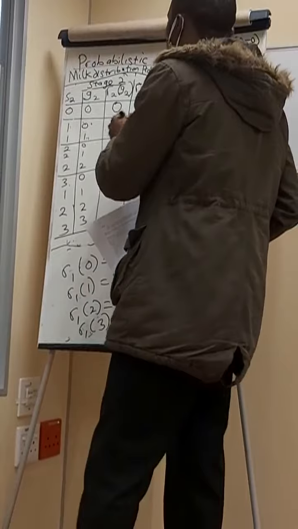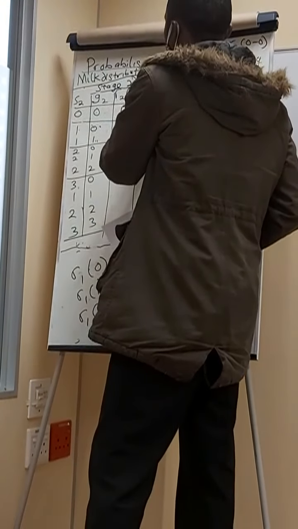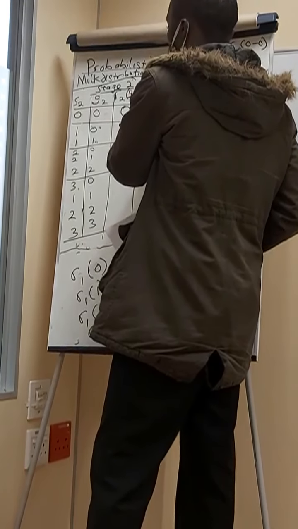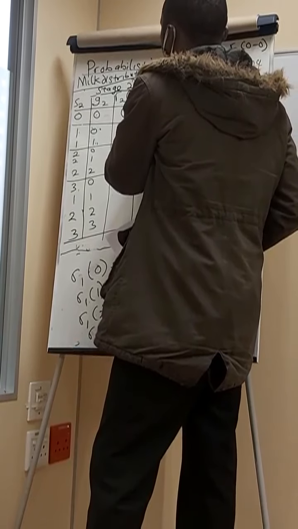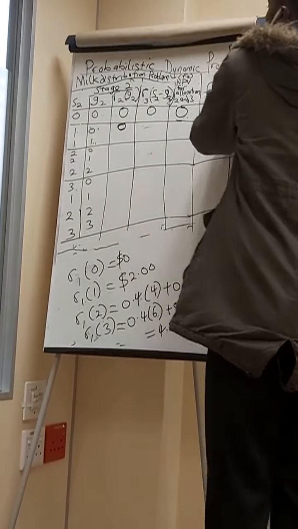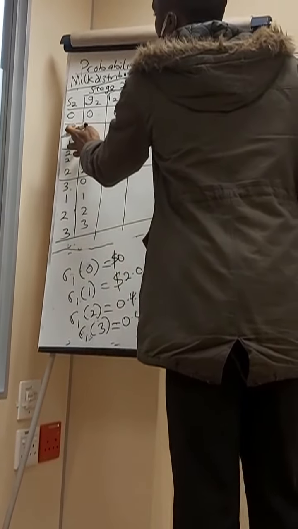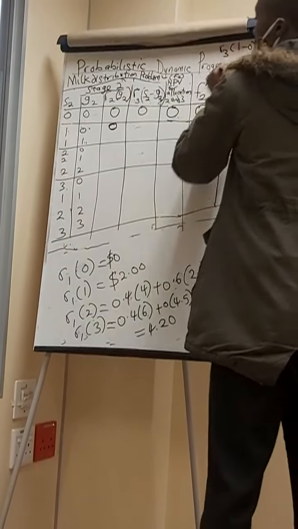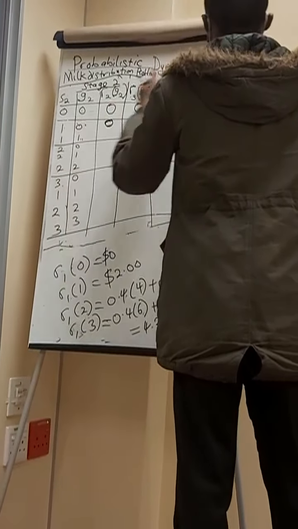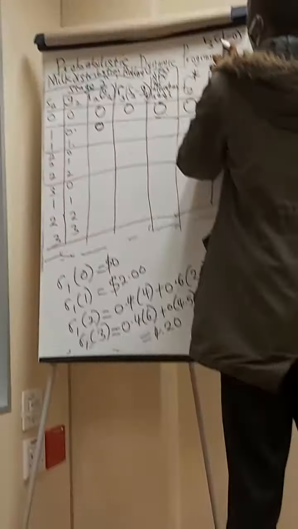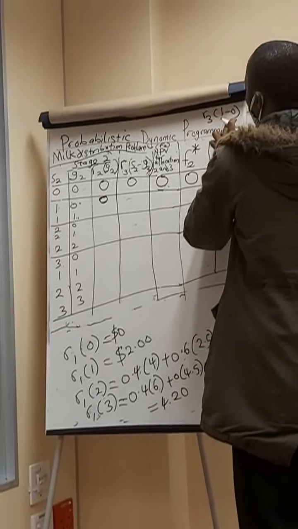Then from there, what is R3 of S2 minus G2? To get that, S2 at this state is 1, then G2 is 0. So that is R3 of 1 minus 0, which is R3 of 1.